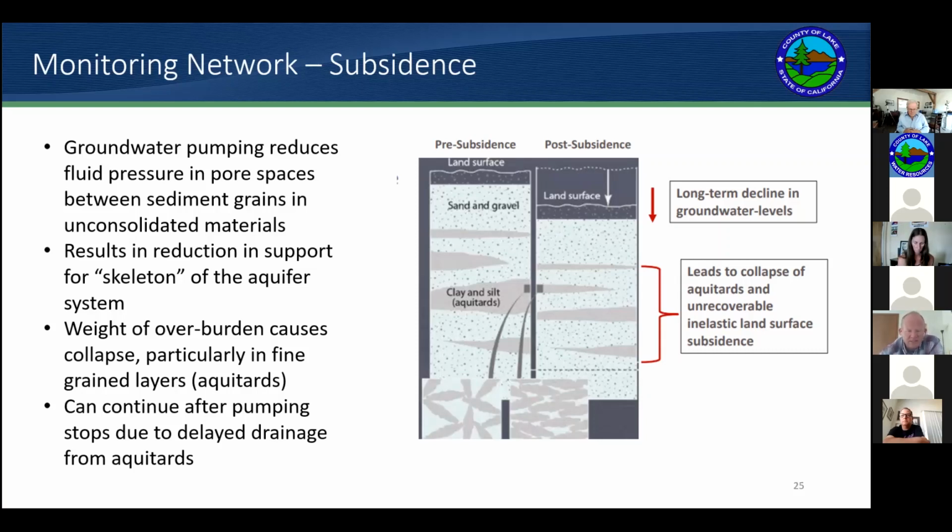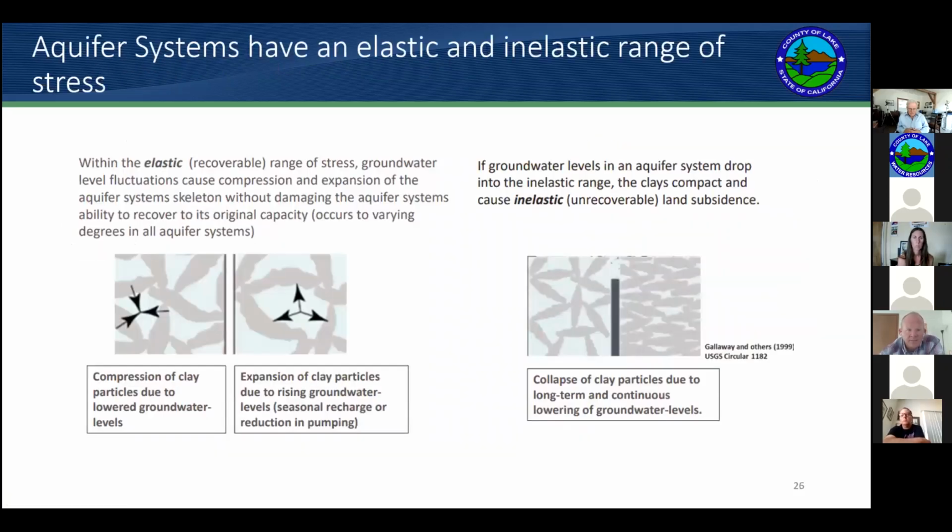We see it a lot in the San Joaquin Valley, but I just want to explain the concepts of that. There's different types of subsidence, so there are references to what they call elastic and inelastic subsidence. There are some really interesting data sets out there, satellite imagery that's flown sometimes daily, and you'll see it's almost like the system is breathing.